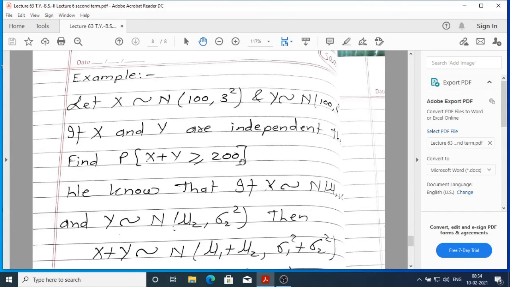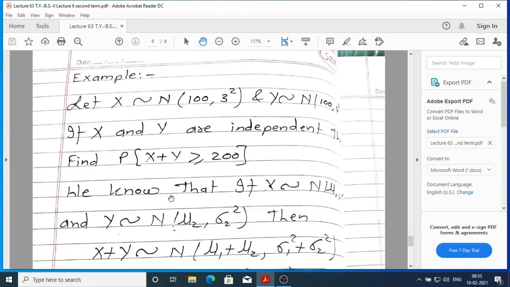Next example, let x follows normal with 100 and 3 square and y follows normal with 100 and 4 square. If x and y are independent, then find probability x plus y greater than or equal to 200.